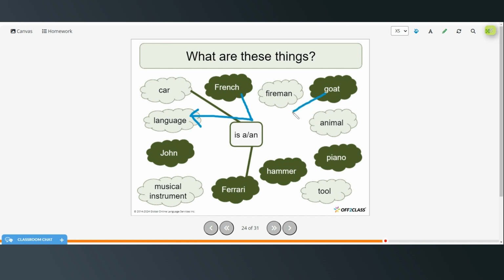A goat is an animal. A piano is a musical instrument. And a hammer is a tool. And John is a fireman.